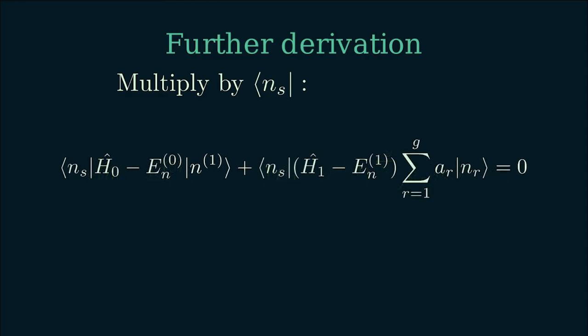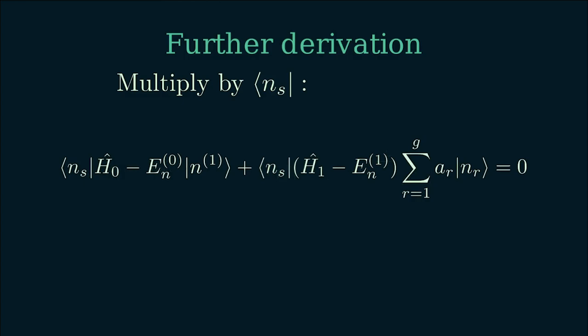This ns is a dual vector of an eigenstate of H0. Now, H0 has multiple eigenstates. Ns is one of those eigenstates. We take the dual vector of that and multiply it with this equation from the left.